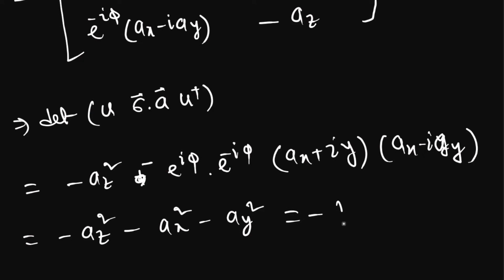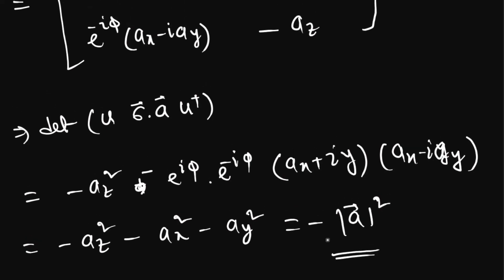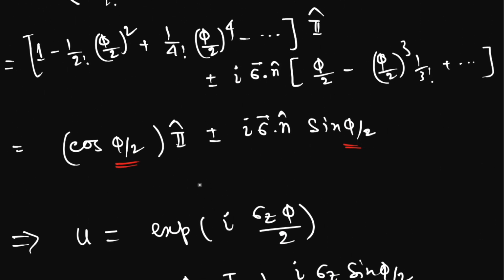That means minus mod of a square. That means its determinant remains the same.